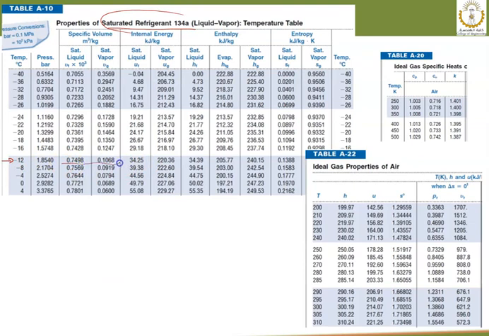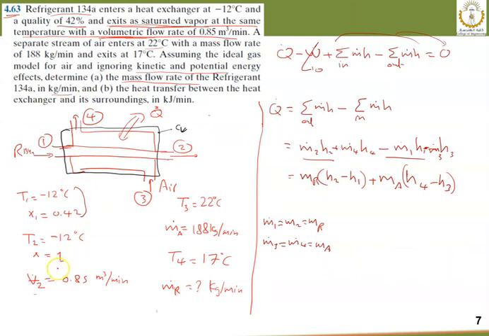Here we have the volumetric flow rate, therefore m dot. But this is at the outlet, so m dot equals V dot 2 over v2.